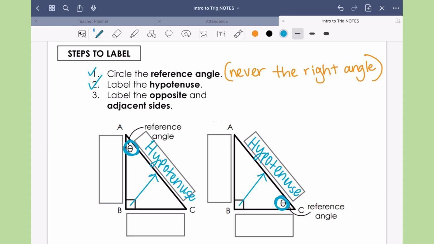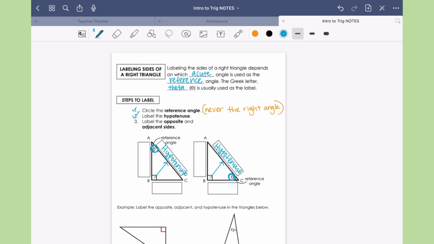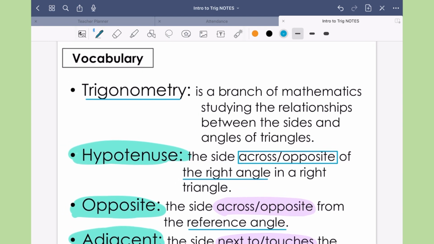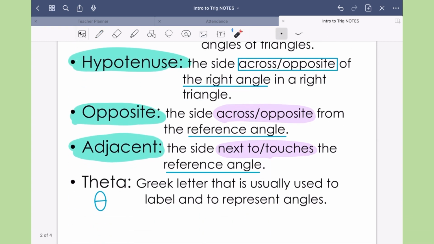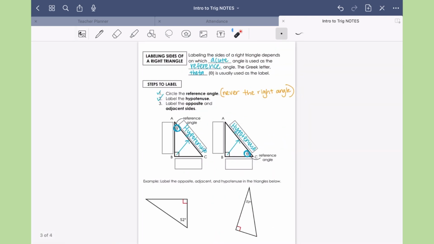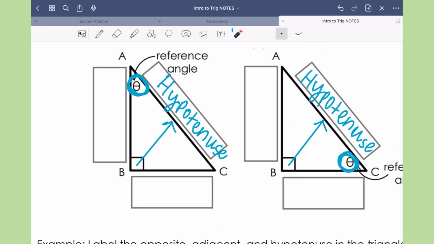Now it says label the opposite and adjacent sides. So opposite, again, that vocabulary word we saw, is across what? Across your reference angle right here. The opposite side is always across the reference angle. So let's go back. Go across your reference. So here's my reference for the first one.